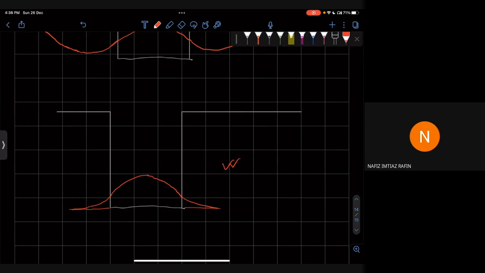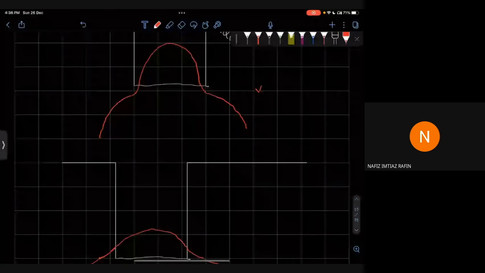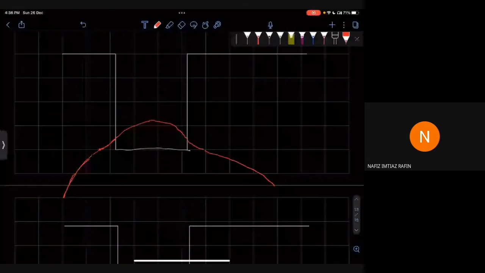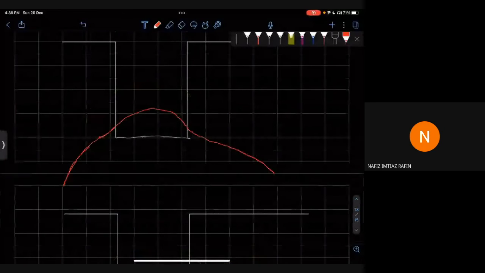So I think these are too large. This is too large. And EB is also too large.